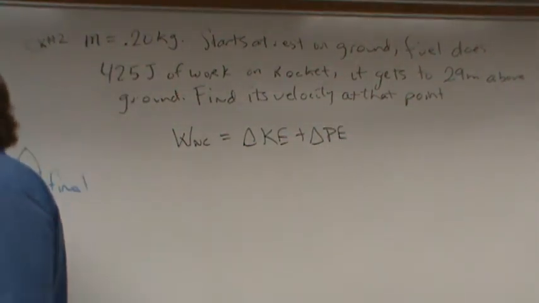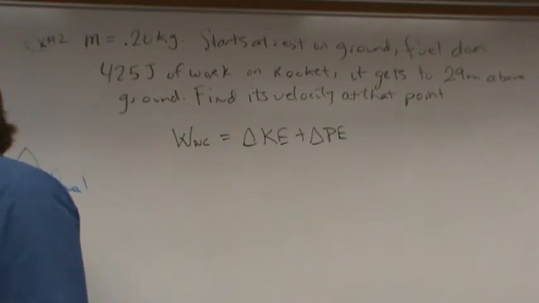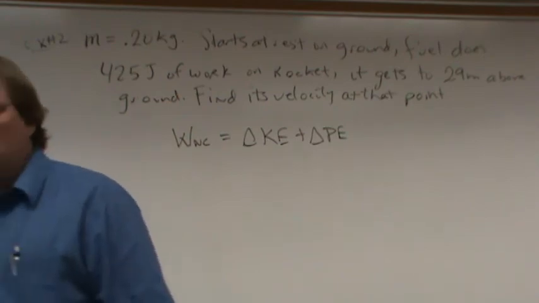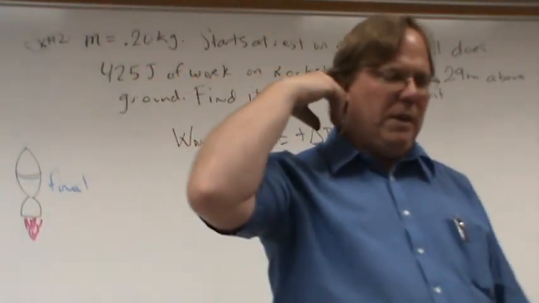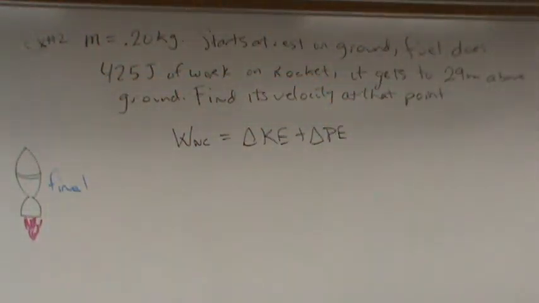You should have both of these guys being positive. You have a final kinetic energy and you have a final potential energy. You see, both the initials are 0. Yes? Sure. Good.